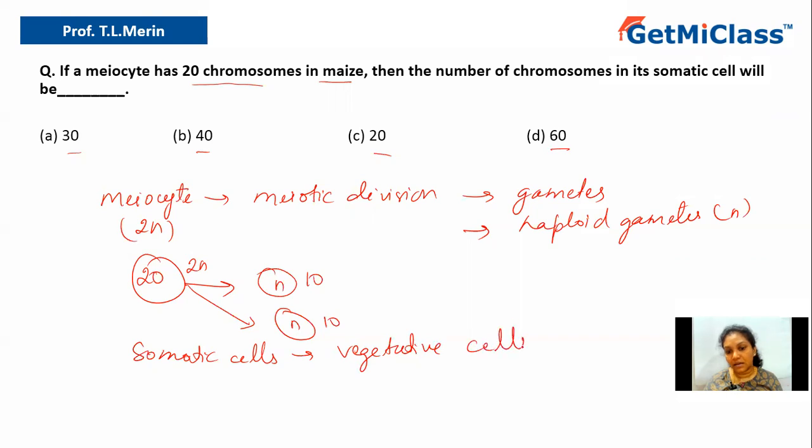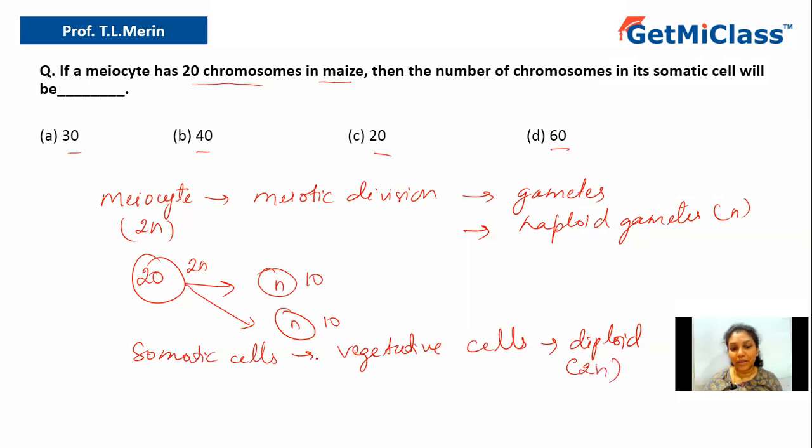These are all diploid in nature. Since the meiocyte ploidy level is 2n, the diploid somatic cell also will have 2n.